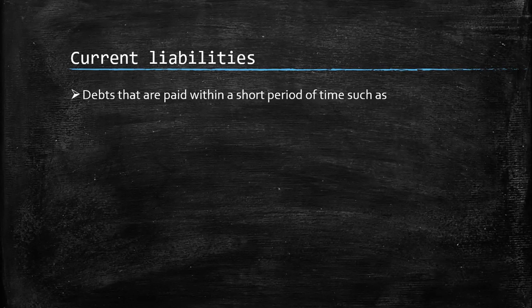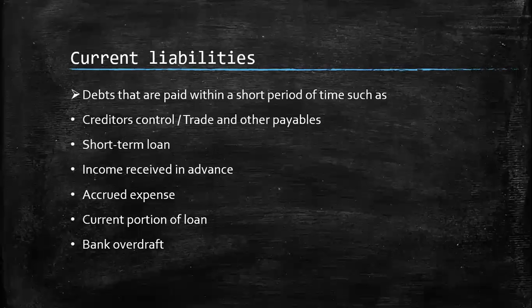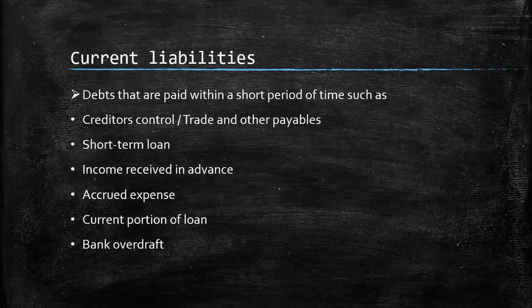By current liabilities, we are referring to the debts that are paid within a short period of time, short-term debts in simple words. These are the examples of current liabilities: the creditor's control or trade and other payables, the short-term loans, income received in advance, accrued expense, current portion of loan, bank overdraft.